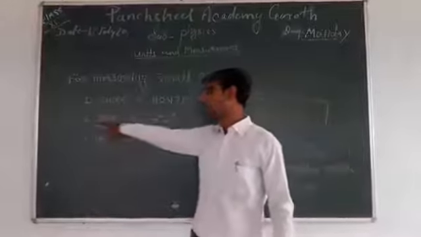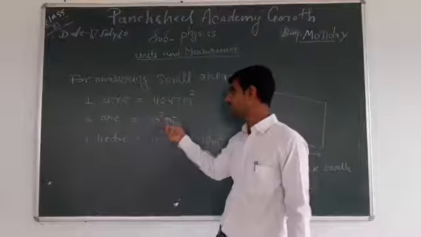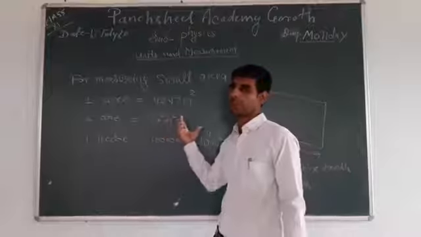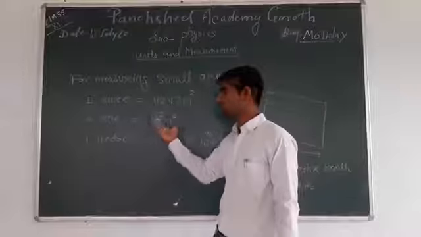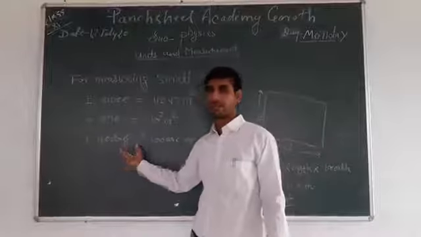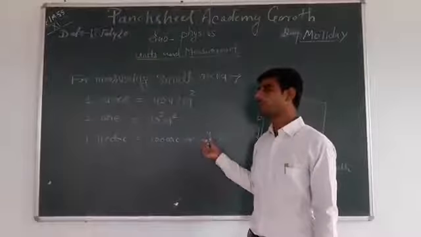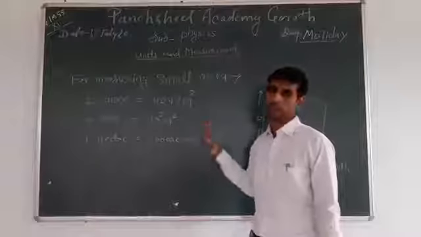1 are means 10 to the power 2 or 100 meter square. Okay, 1 are means 100 meter square. 1 hectare means 100 are or 10 to the power 4 meter square.